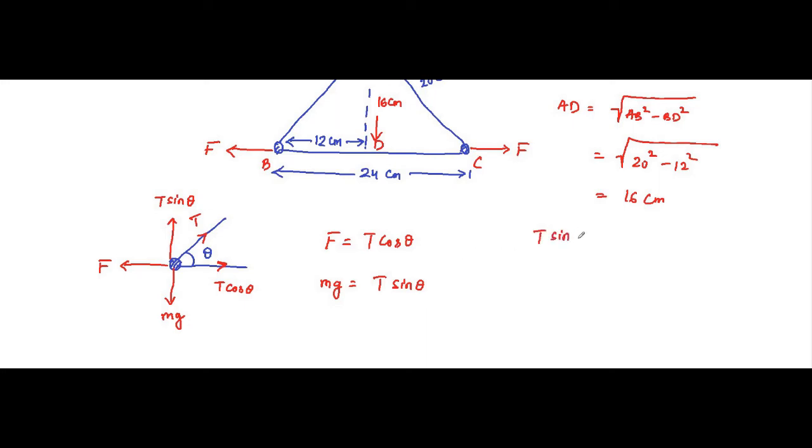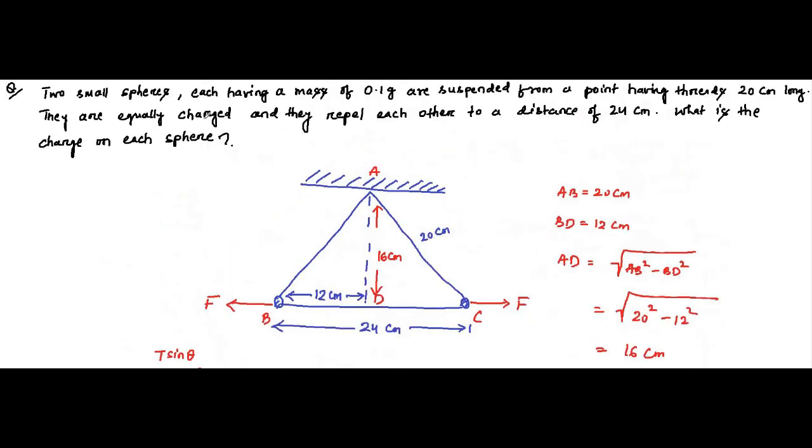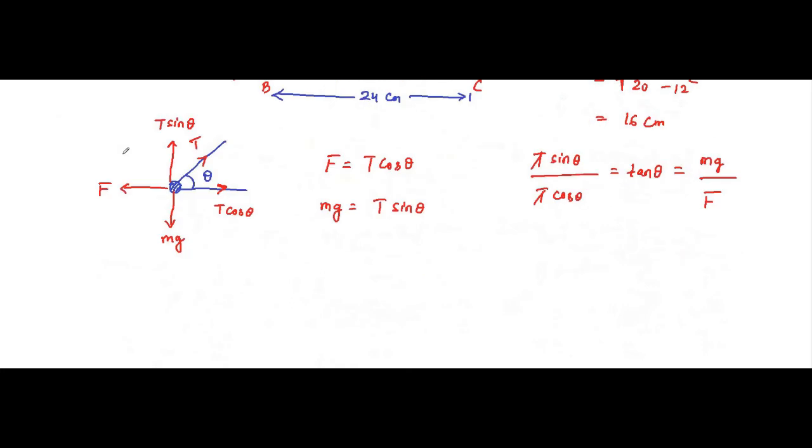So T sin theta by T cos theta, T will get cancelled, and it will be tan theta, equal to mg by F.